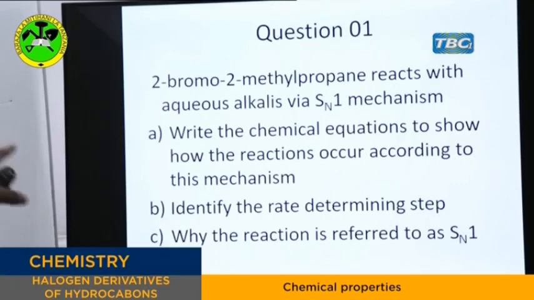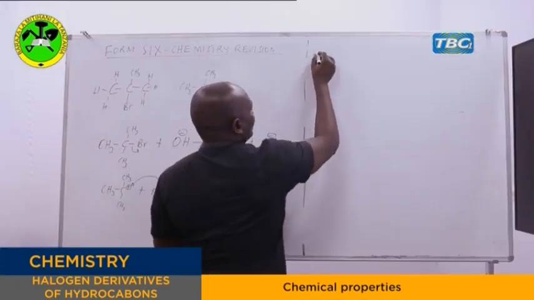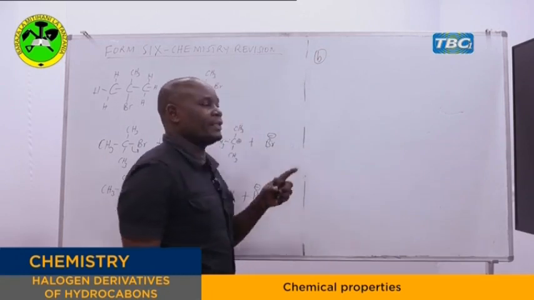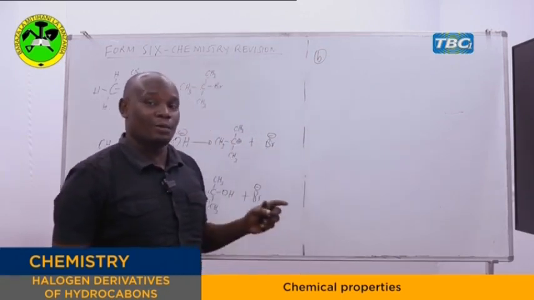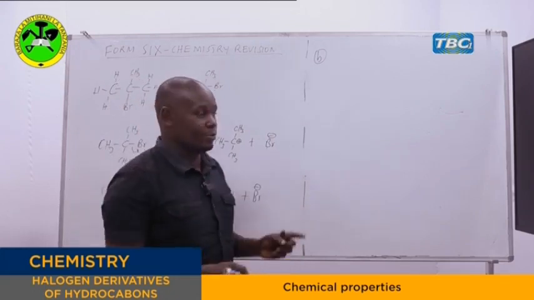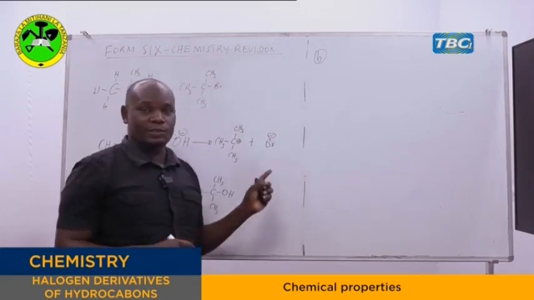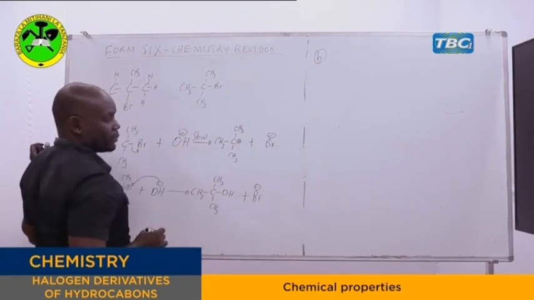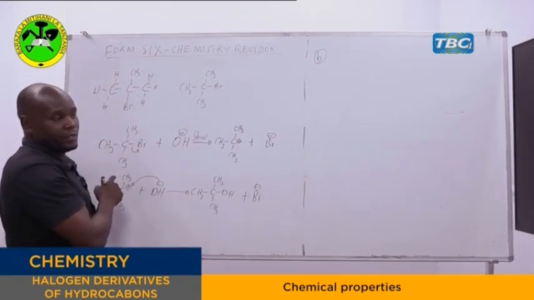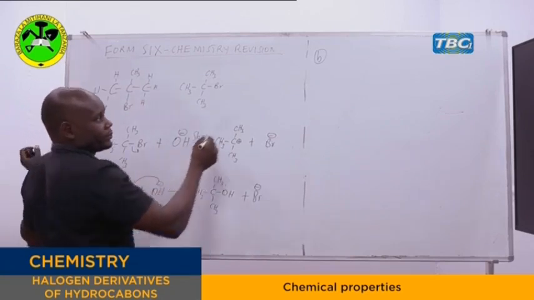For the second part, we have been asked to identify the rate determining step. The rate determining step is the slowest step. Which of the two steps is the slowest? This one is the slowest step.